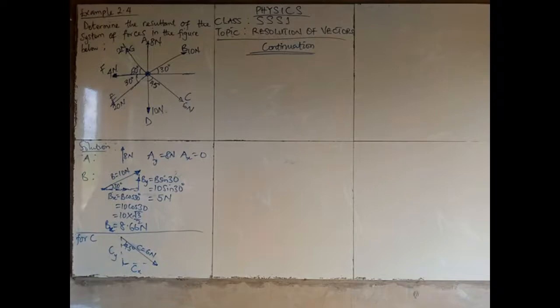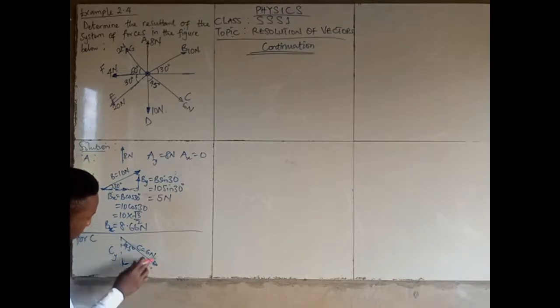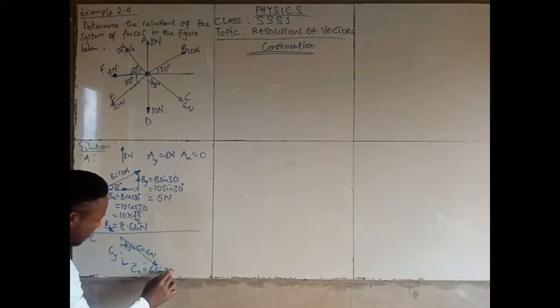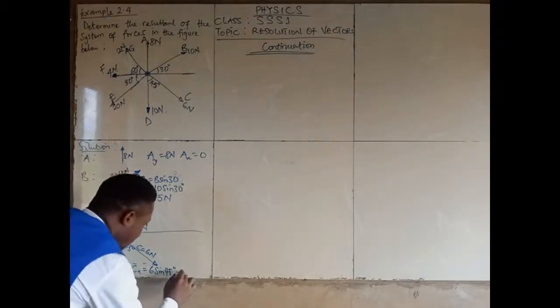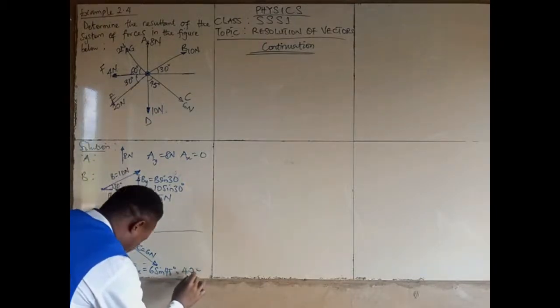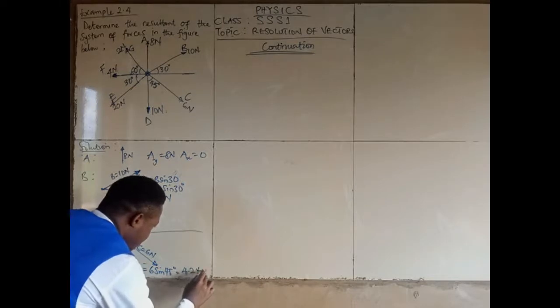CX is the opposite, so C is 6 sine 45 degrees. Sine 45 degrees is root 2 over 2. If you do 6 times sine 45, it will give us 4.24 Newton.